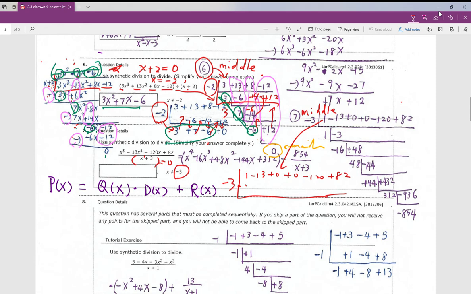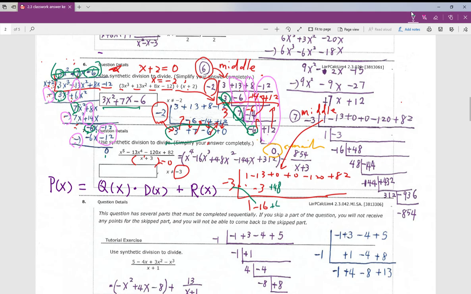So I multiply with negative 3. Now I drop down this one here. Negative 3 times 1 is negative 3, plus together, negative 16. Negative 16 times negative 3 becomes positive 48.